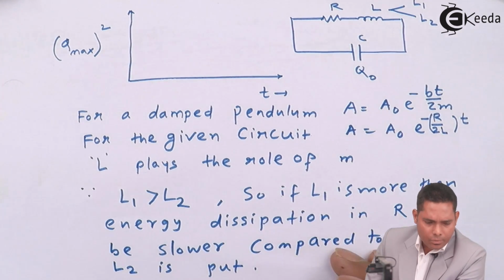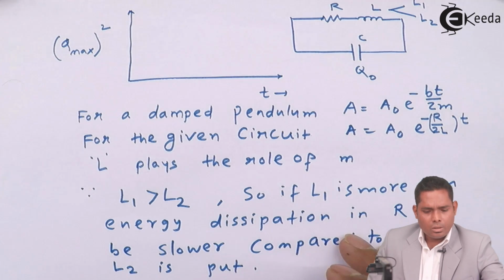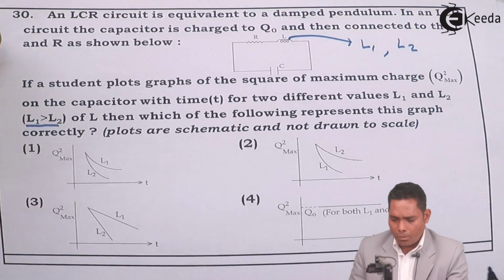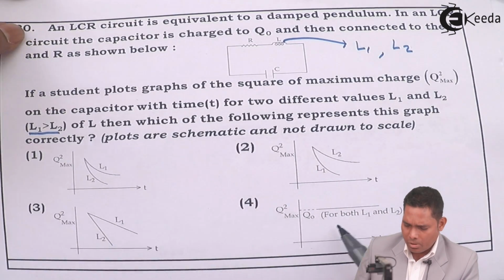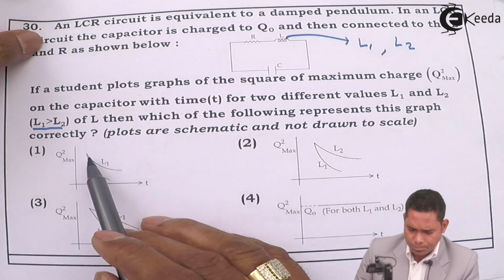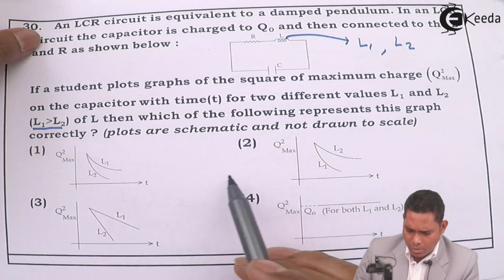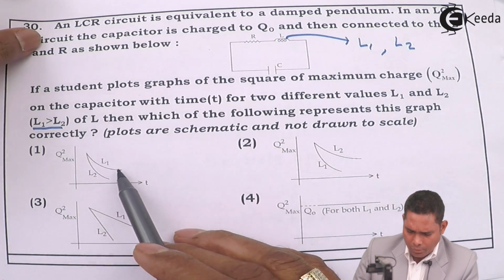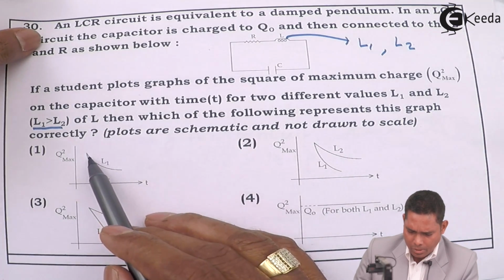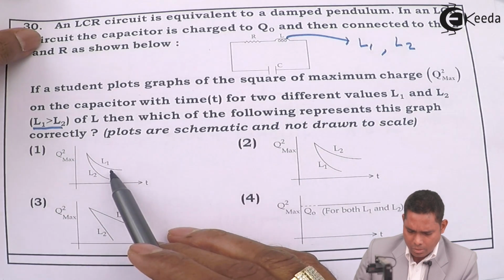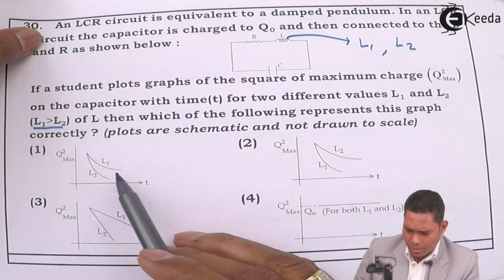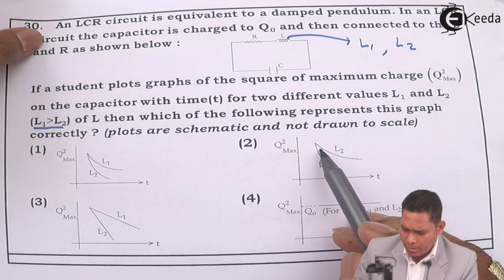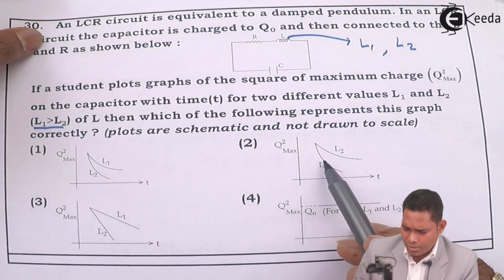So the graph will obviously not be a straight line. Q max square, if L1 is greater, will decay slower, and here L2 is descending fast.